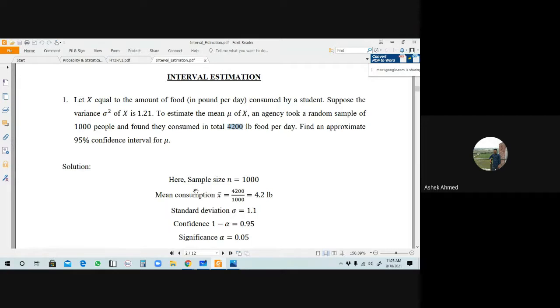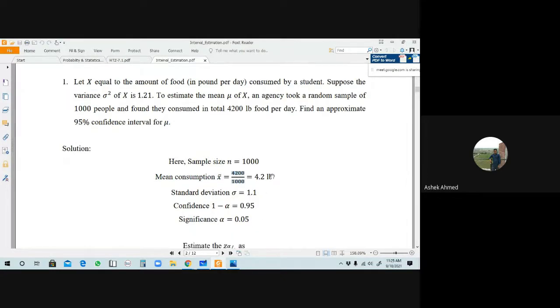Okay, so the mean, meaning per student consumption, will be 4200 by 1000, is it right? Response me, this is 4.2. Okay, but this is the value of sigma square given, so the value of sigma will be root over 1.21, that will be 1.1 here.